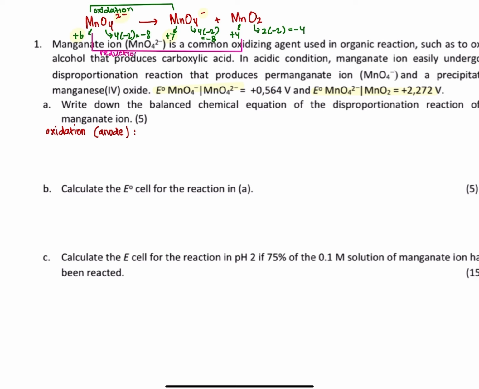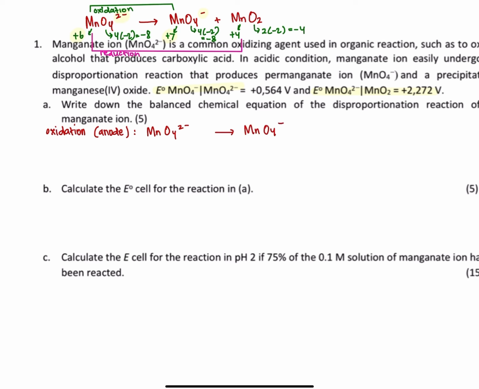So in that case, now we can divide the half reactions. For the oxidation, we have the manganate ion here, and the product for the oxidation is the permanganate, MnO4-.